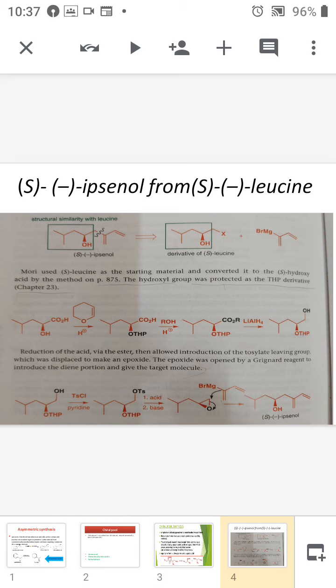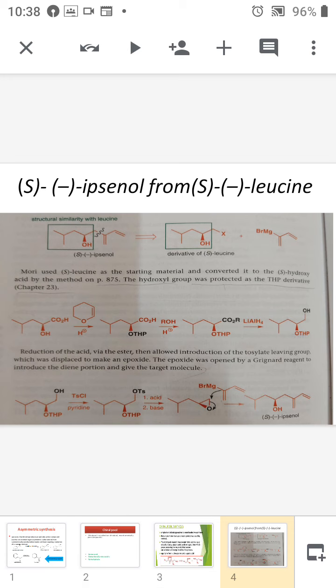The derivative of S-leucine can be prepared from the amino acid leucine, the hydroxyl acid, and it is treated with THP, which is used for protecting the hydroxyl group.